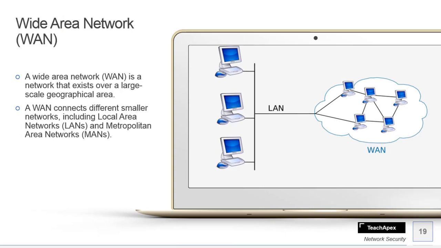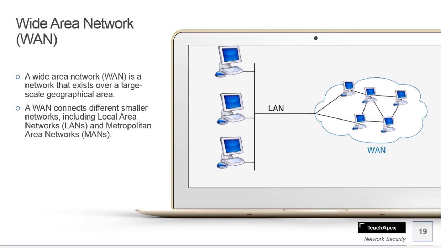Then next we have Wide Area Network. So as you can see, a wide area network is a network that exists over a large scale geographical area, such as states or countries, right?